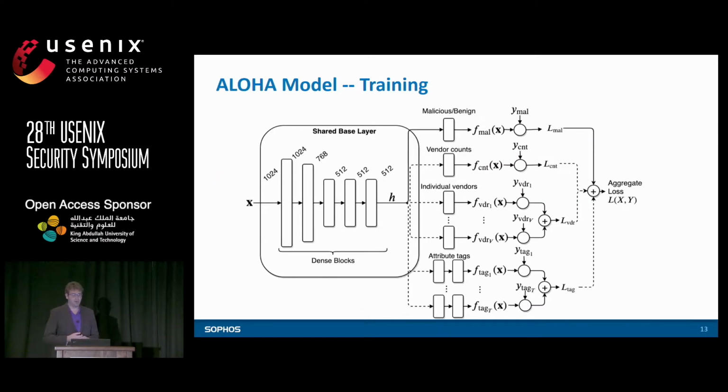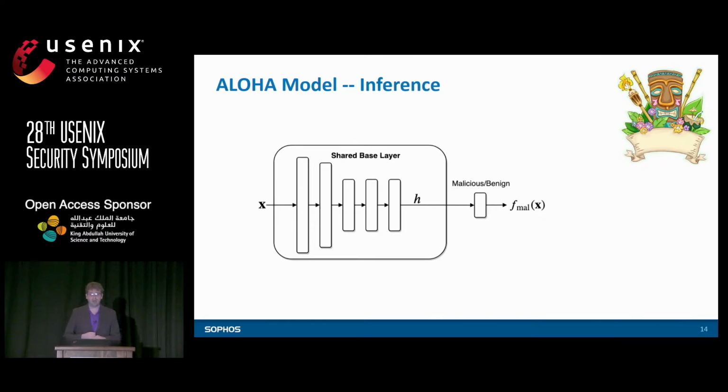So during training, we have multiple output paths, we have multiple labels, and we have multiple loss functions. The losses evaluated by these loss functions are then aggregated, and then we use backpropagation to update all of our parameters. And while I mentioned that we can use the other outputs to do other things, for the purposes of detection alone and for deployment, we do not need to change our infrastructure at all.